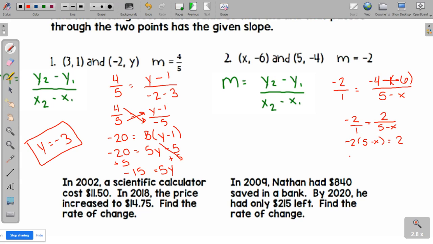Distribute. Add 10 over. Divide both sides by 2. You get x to equal 6.